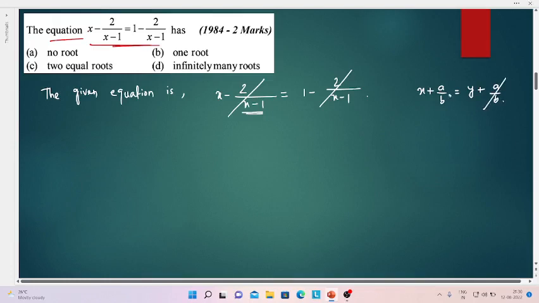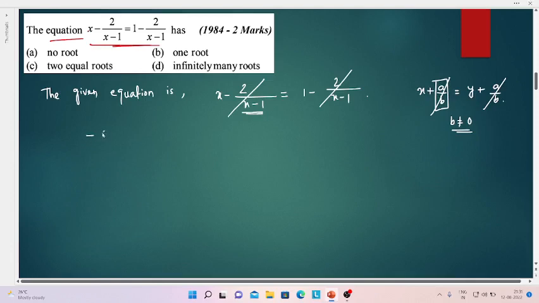So a by b and a by b will be cancelled out when b should not be equal to 0. That is very important, because if b equals 0, then a by b will be undefined, so the undefined part is not negligible.